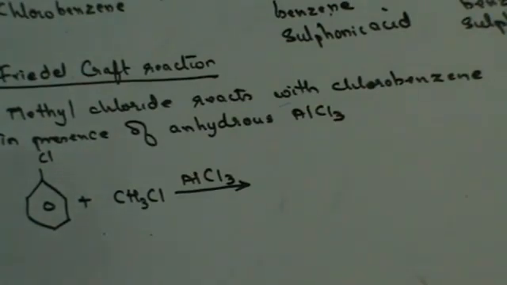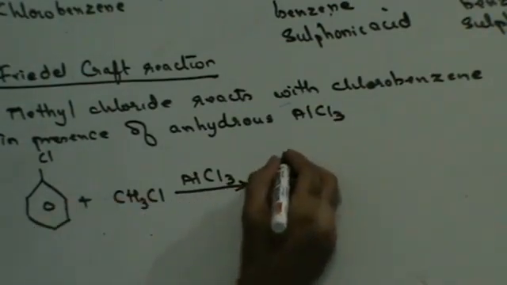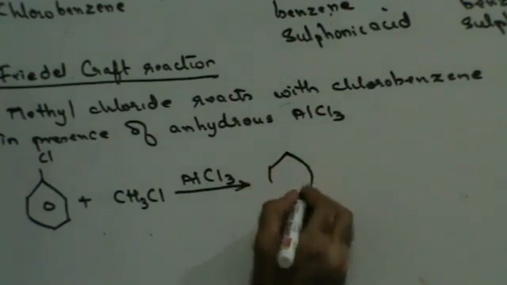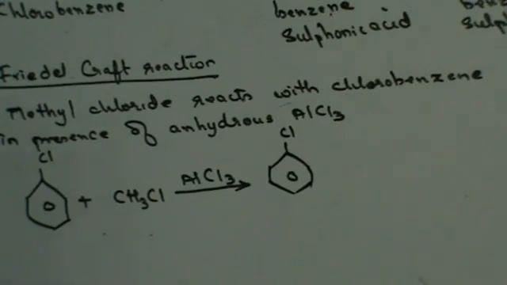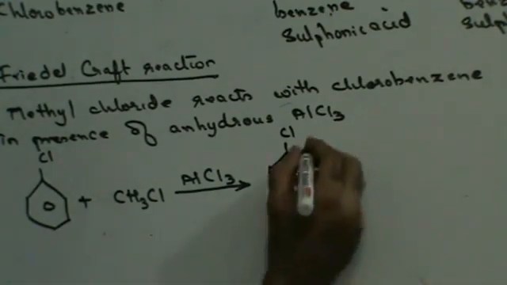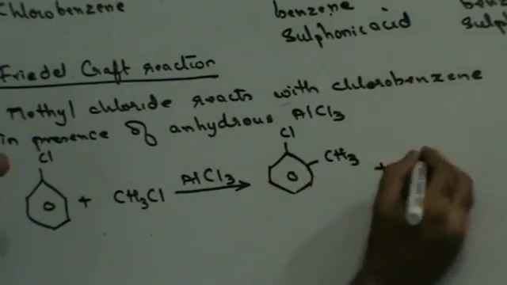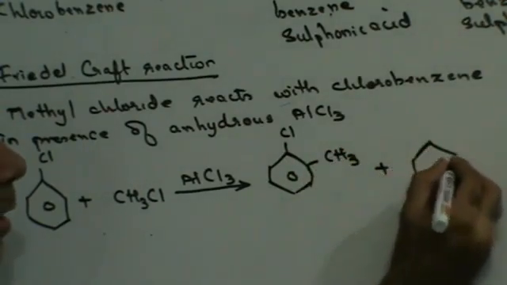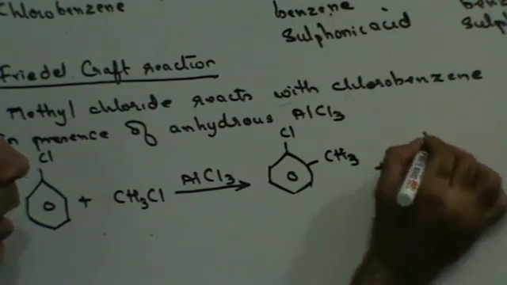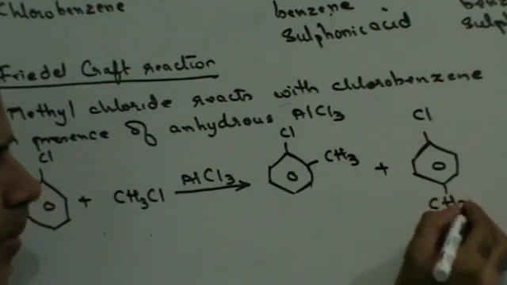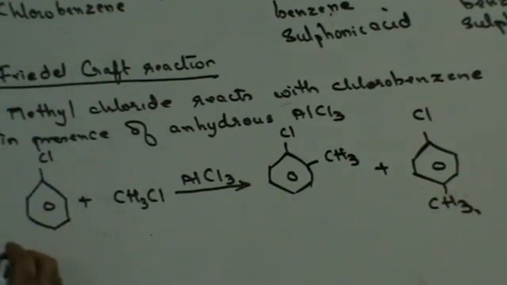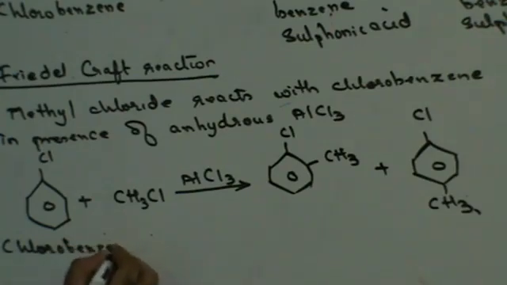So in that case you will have the benzene ring as it is, chlorine as it is. The methyl group is going to be substituted in the ortho and the para position. So you will have a methyl group here and you will have a methyl group in the para position. This is chlorobenzene.